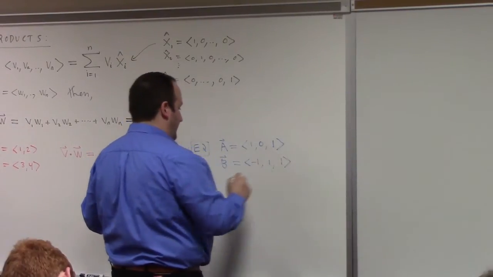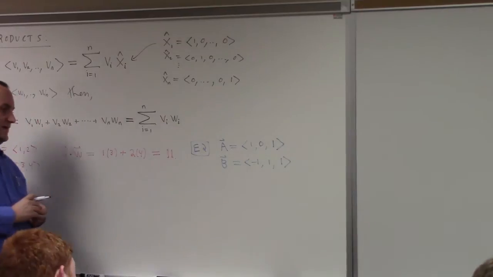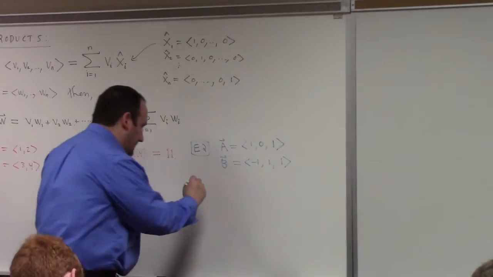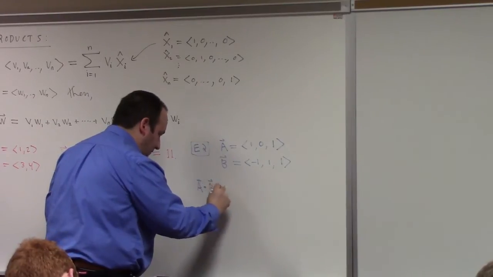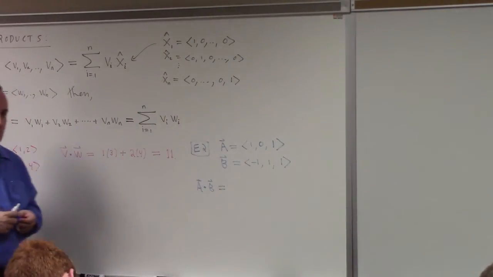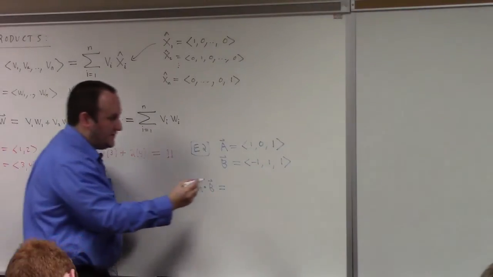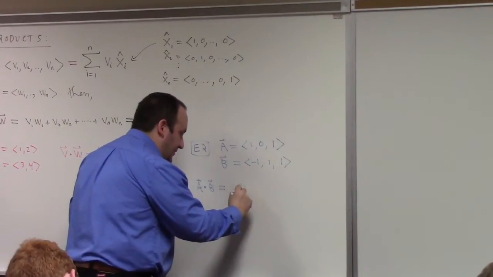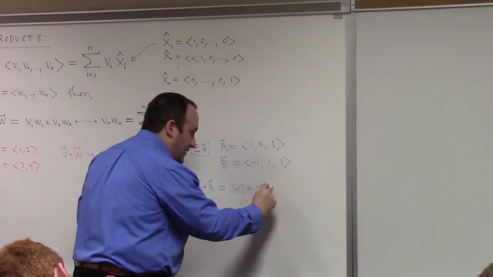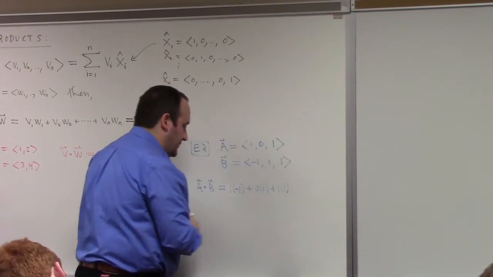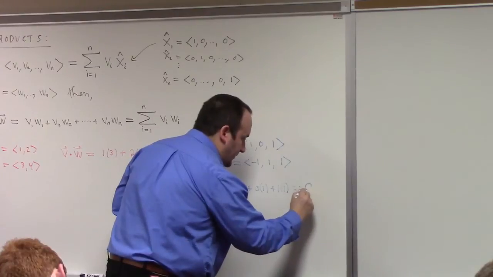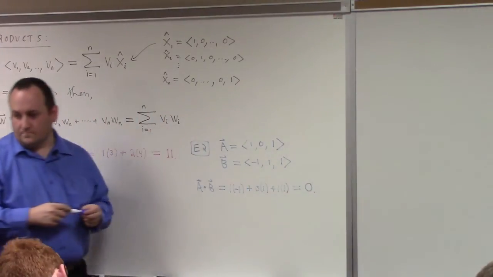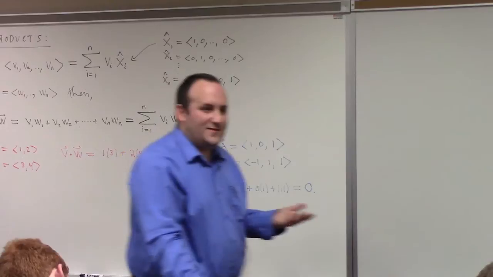All right, let's calculate the dot product of a and b. a dot b equals what? 0. Very good. Now, the reason he knows that is we've got 1 times minus 1 plus 0 times 1 plus 1 times 1, which is minus 1 plus 1, which indeed is 0. So I think, can you guys do dot products?